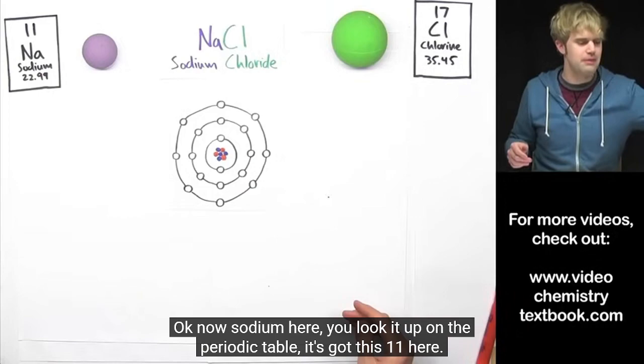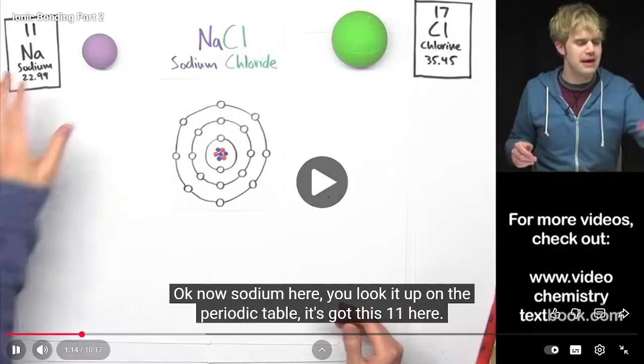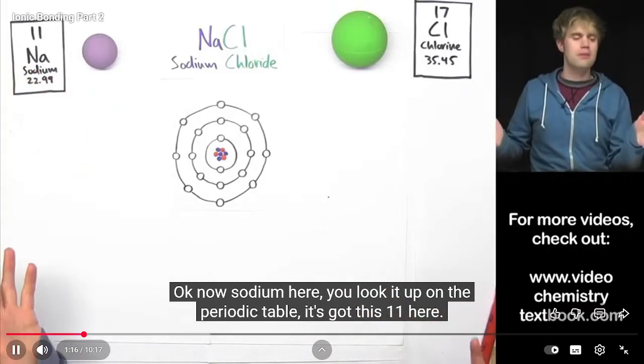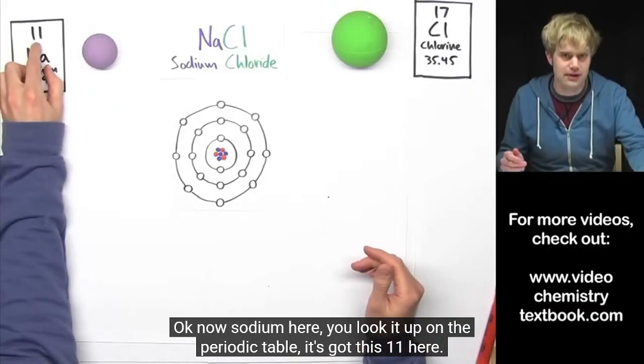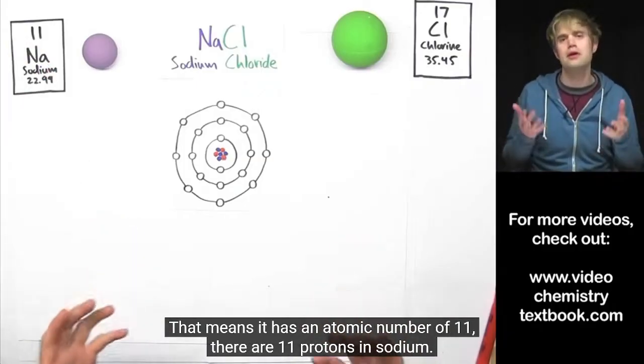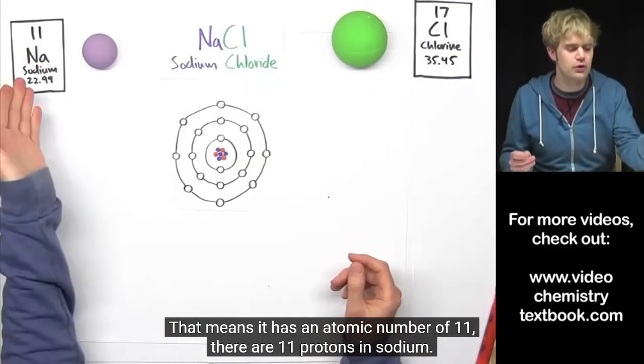And the atomic number is 11. How many are in chlorine? 17. There we go. Now, sodium, you look it up on the periodic table, it's got this 11 here. That means it has an atomic number of 11. There are 11 protons in sodium.